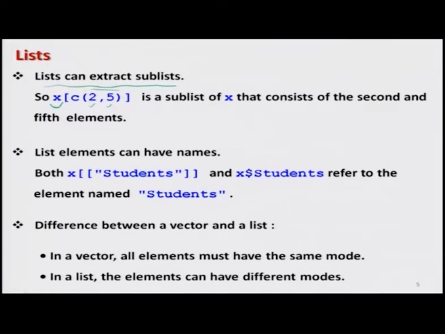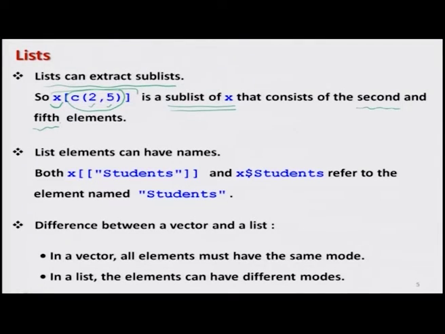So, this is a sublist of x, and this sublist can be extracted using this command. This is a sublist of x that contains the second and fifth elements of x.